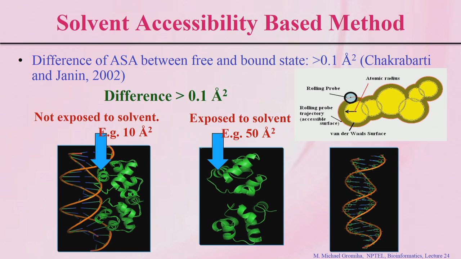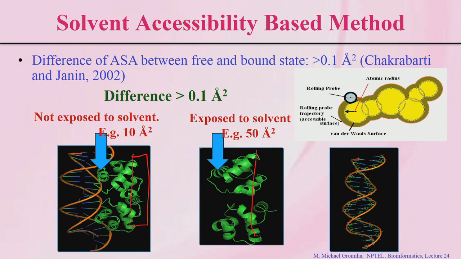This is the protein part and this is the DNA part. Now you can calculate the accessible surface area in the complex state, or in the unbound state. You cannot say free state; you can say this is the bound and this is the unbound, of the same structure.